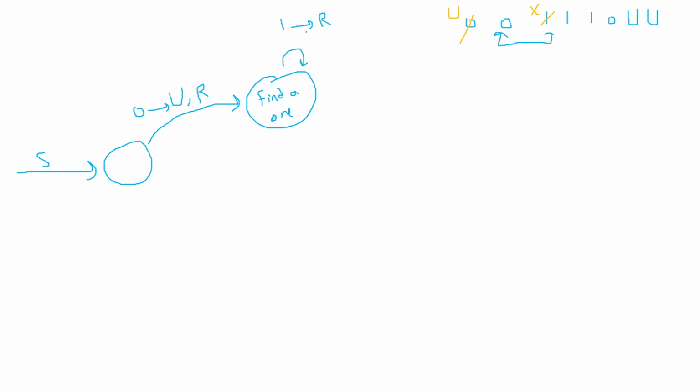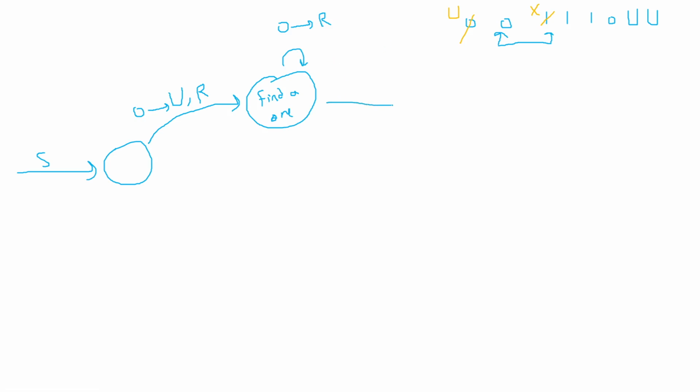If you don't want to overwrite something, you can just write the same symbol, as if I'm saying, 0, overwrite it with 0 and keep moving. I don't want to change the zeros currently, I just want to find a 1. So as long as there are zeros, we'll keep moving to the right.